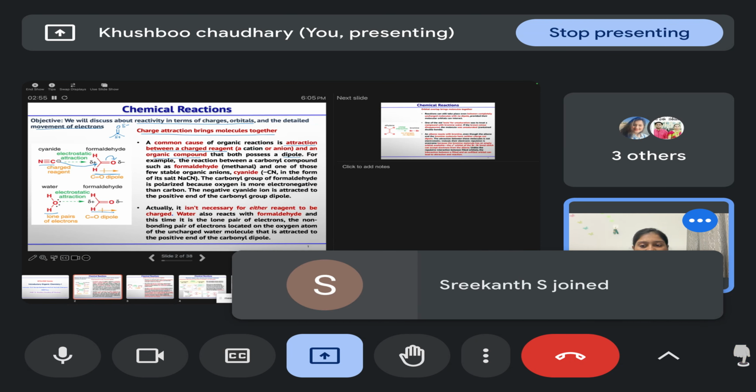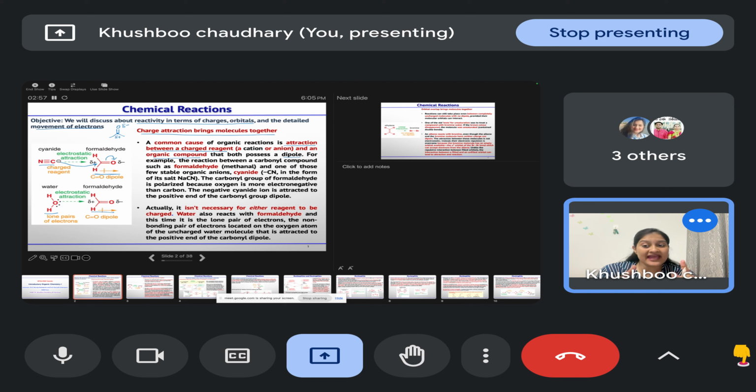Water is not a charged species, but it has lone pairs of electrons, and the oxygen, being electronegative, pulls more electron density towards itself, and it participates in the reaction with the help of the lone pair present in the non-bonding orbital.